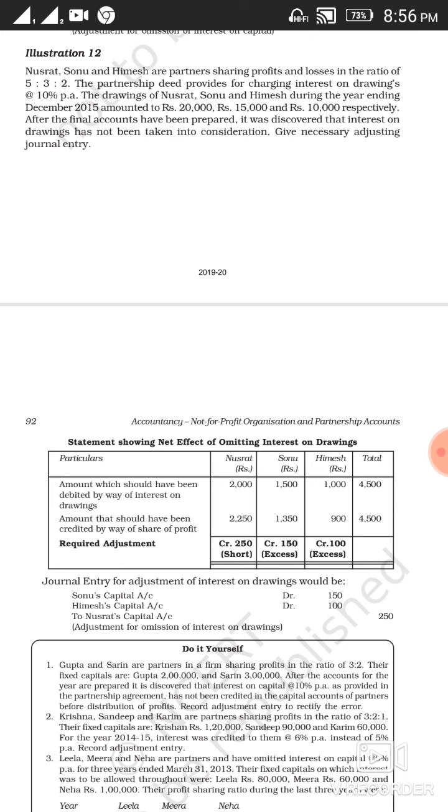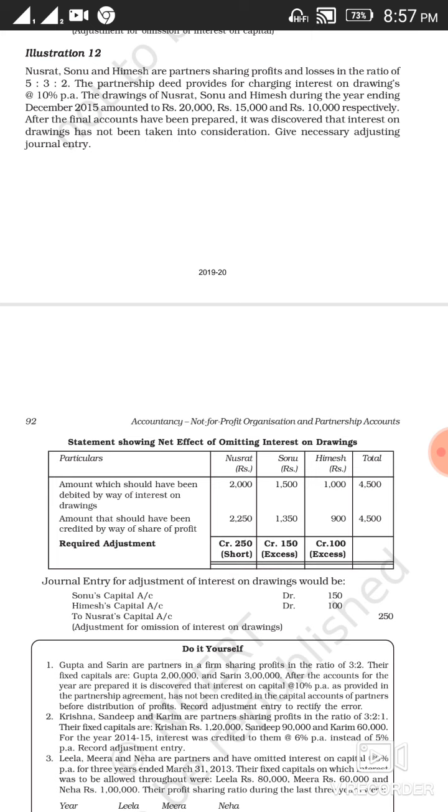The above example was about interest on capital. It means interest on capital has to be provided to the partners or credited to the partners. But in this example, the partnership deed provides for charging interest on drawings. It means this amount has to be taken by the firm from the partners as interest on drawings at the rate of 10% per annum.